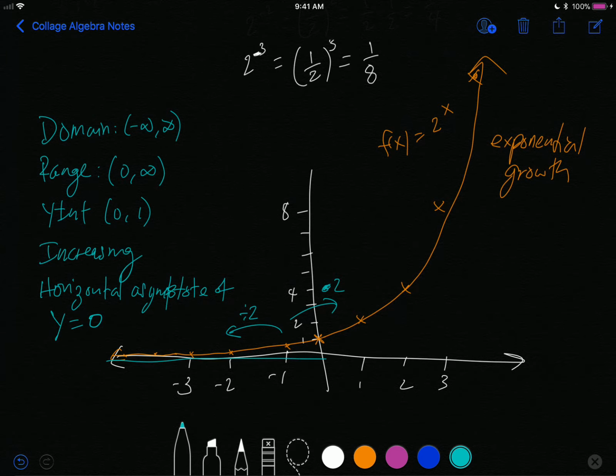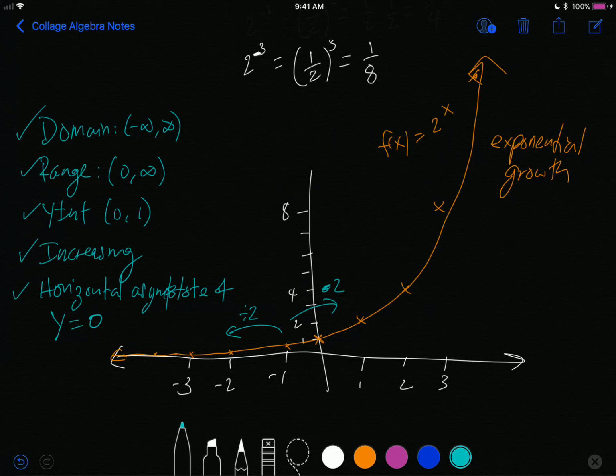That's this line right here, the x-axis, because the graph floats above that x-axis. A horizontal asymptote is a line that the graph approaches but never reaches. So those are our properties: domain, range, y-intercept, increasing or decreasing, and horizontal asymptote. Those are 5 properties.